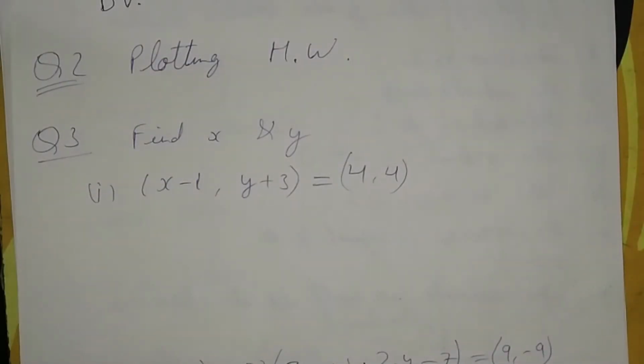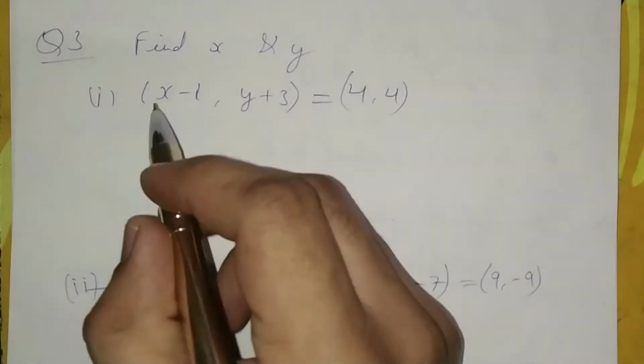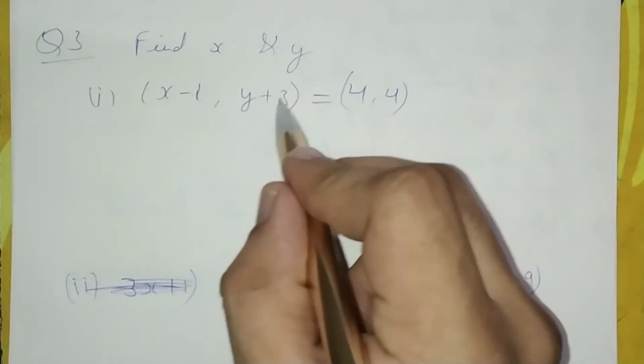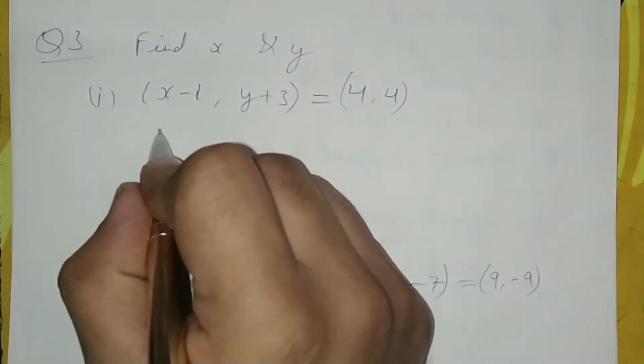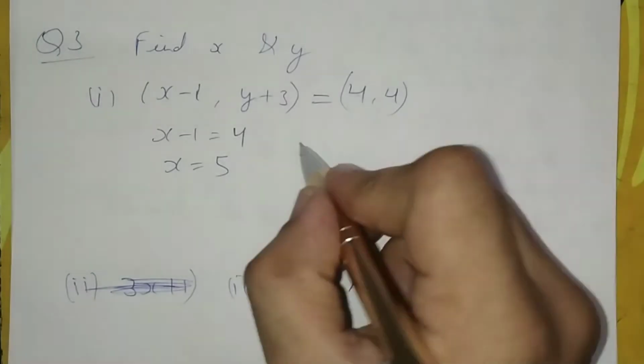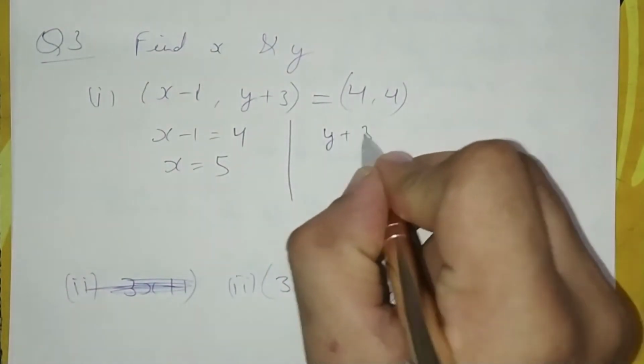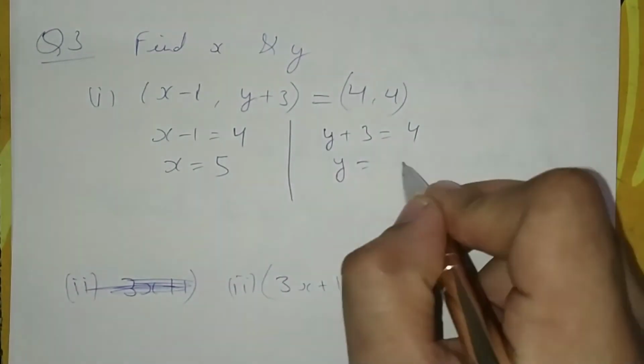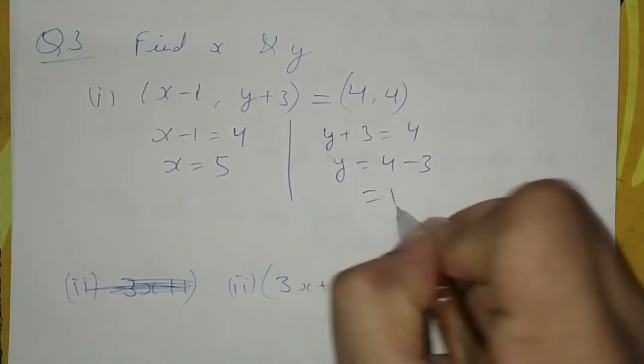The next, third question, is very easy. Ordered pairs are given and we have to calculate the value of x and y. Ordered pair means this term is equal to 4, this term is equal to 4. So x minus 1 is equal to 4, so x is equal to 5. Same way y plus 3 is equal to 4, y is equal to 4 minus 3, 1.